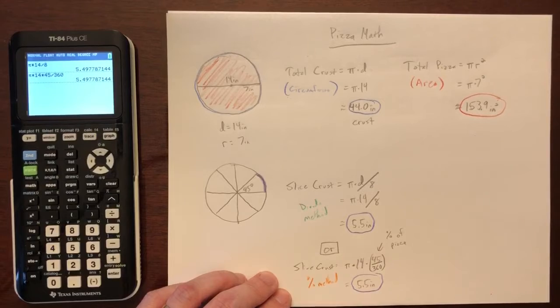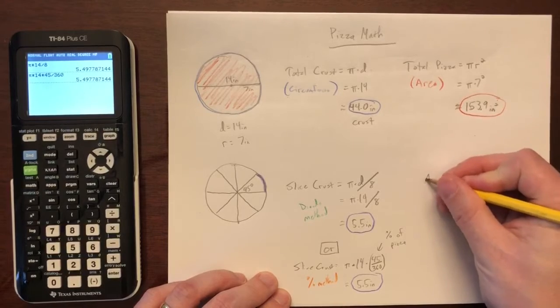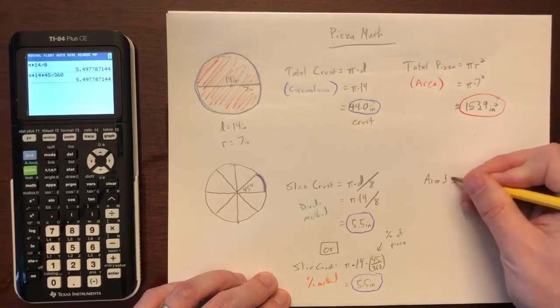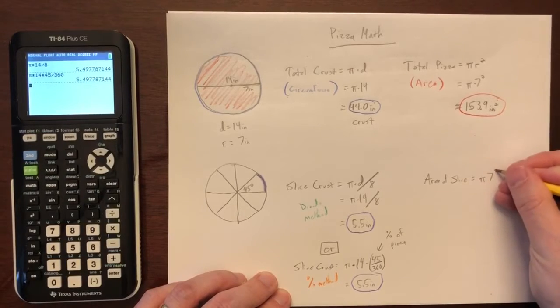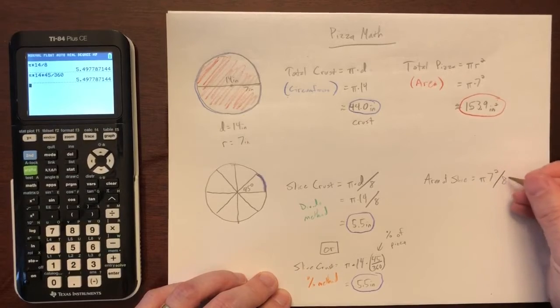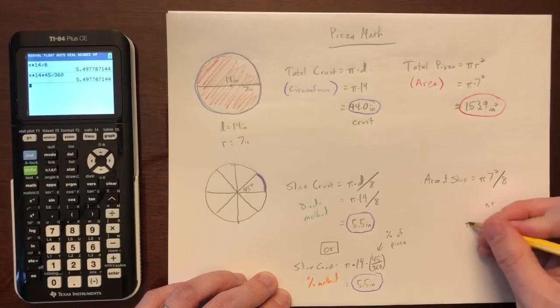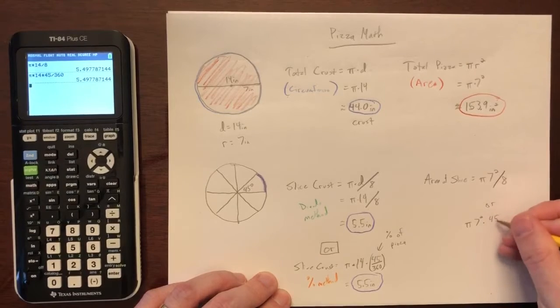Okay, and then for the area, it's the exact same process. Okay, so the area of the slice is still going to be pi times 7 squared, but once again, divided by 8, or pi times 7 squared times 45 over 360.